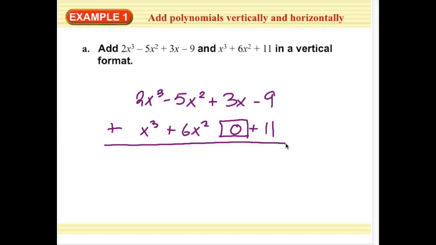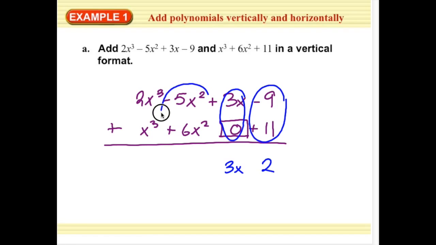Now this is as simple as combining like terms when you're viewing your function. So negative 9 and positive 11 is the same as 2. 3x and 0 is 3x. Negative 5x squared and positive 6x squared is x squared.